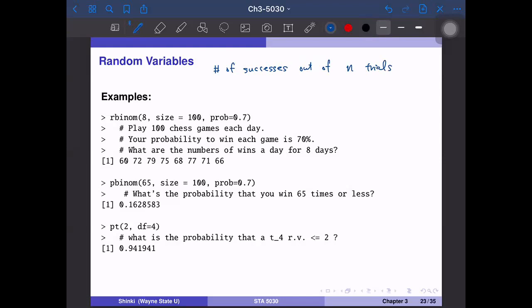All trials are independent, and each trial has a success probability, which is the same for all trials. We call the success probability p.